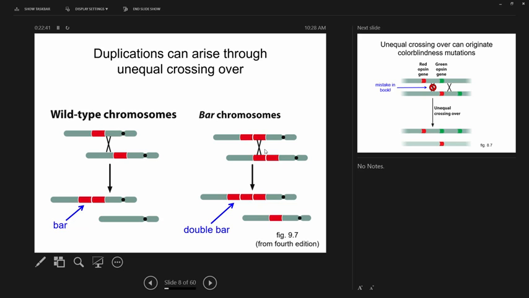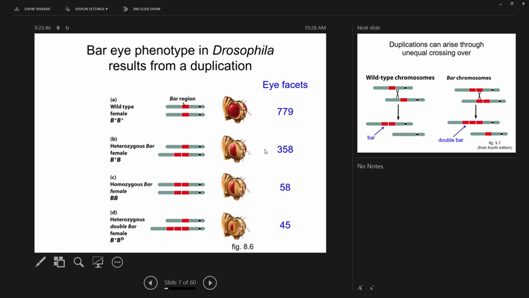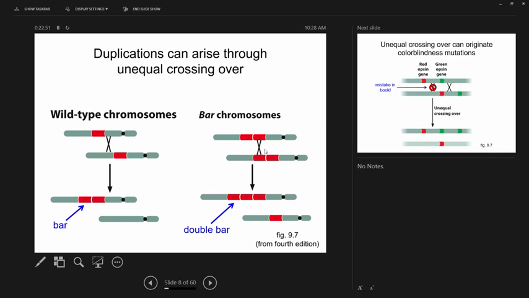Instead of having recombination here and here or here and here, you get recombination on the opposite sides, right? And then if you use your finger to follow the chromosomes, you get bar, bar in there, and this one's going to be up to here and go up there, and you have no bar. So right there, you get a duplication and a deletion. Bar is what the duplication is called.